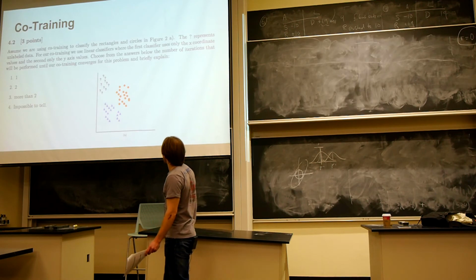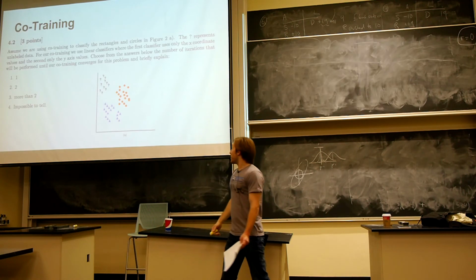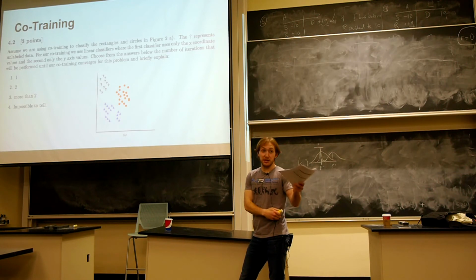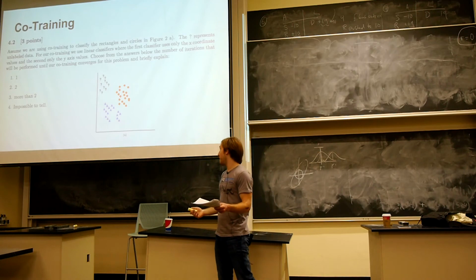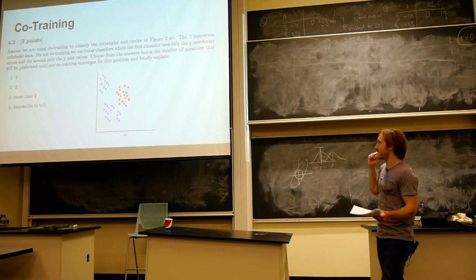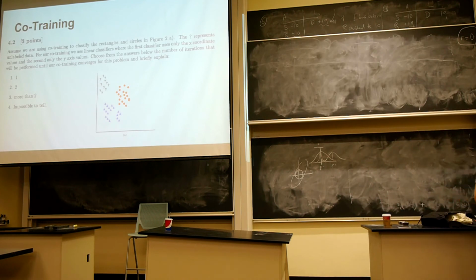Red circles, okay. Based on how I described the algorithm, it only adds things to the training set if both classifiers agree. So how many will it add to the labeled set? Zero, right. So it won't go on to a second iteration. It'll just stop. So the answer is A, or 1 iteration.